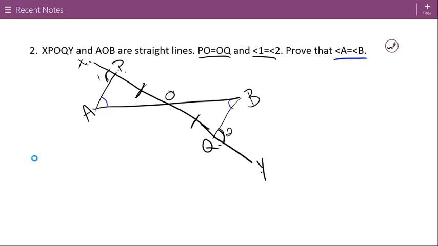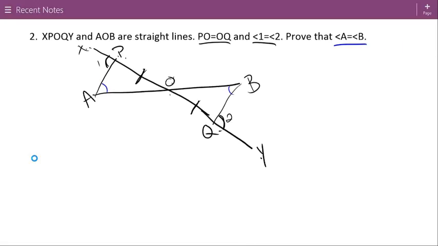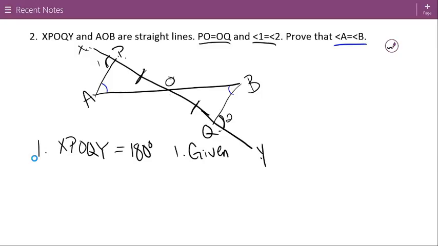All right, so now here is one of those ones where it doesn't look like you're given a lot of information, but you actually are. Okay, so since we have straight lines, we are going to say step 1, XPOQY equals 180 degrees because that's a given.